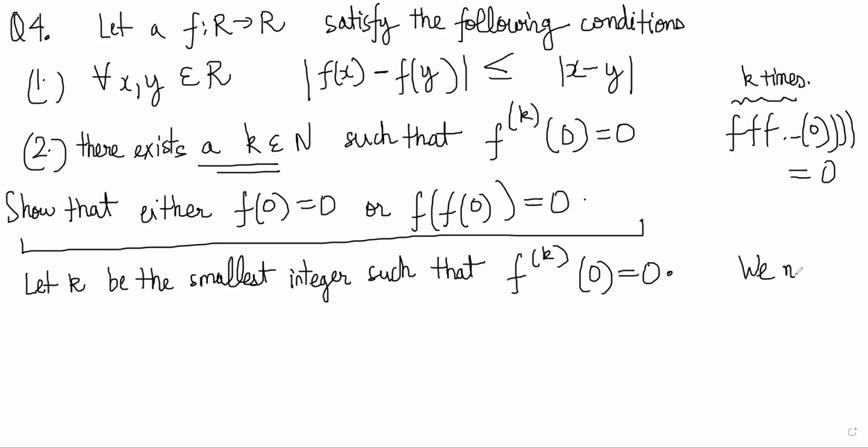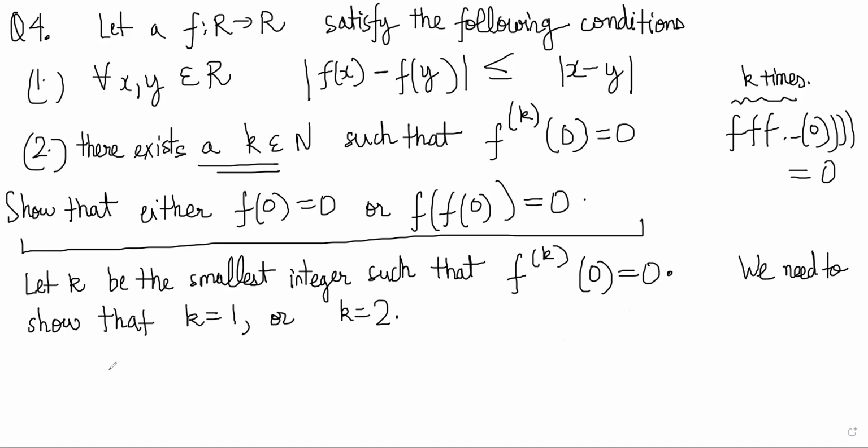We need to show that k is either 1 or k is equal to 2. We need to prove that k is 1 or 2 according to the conditions of the problem, right?